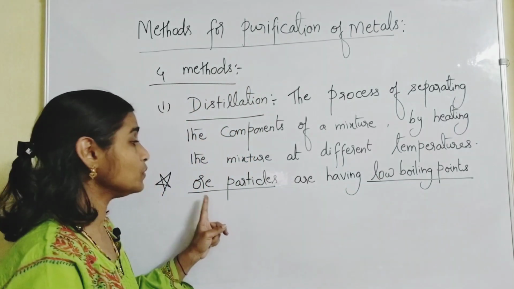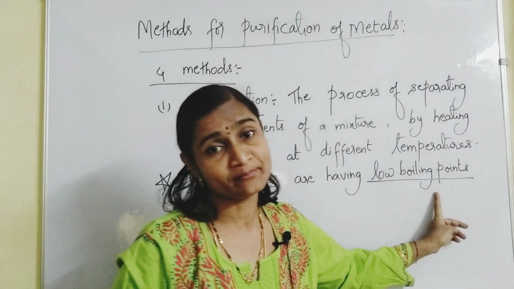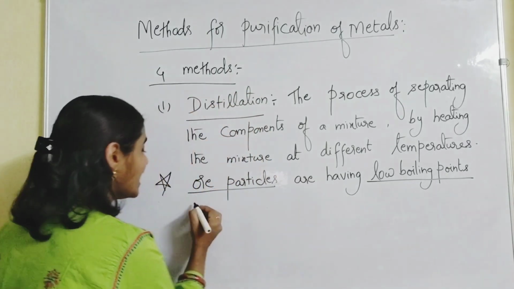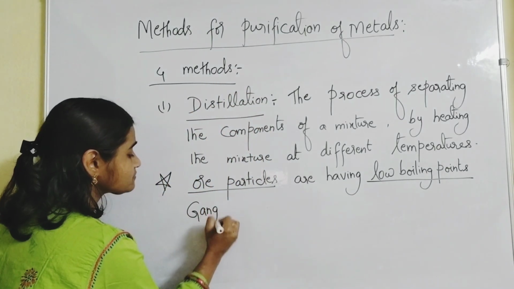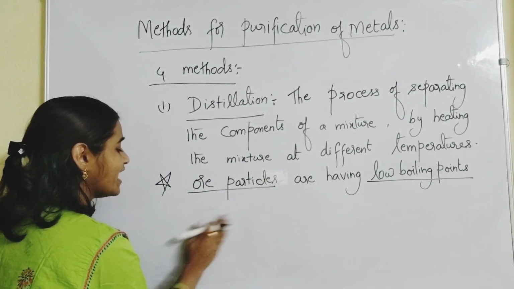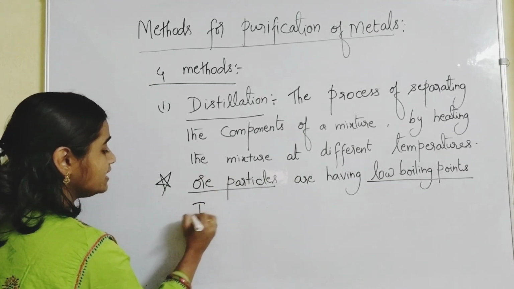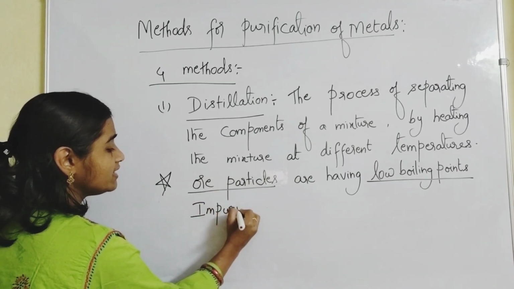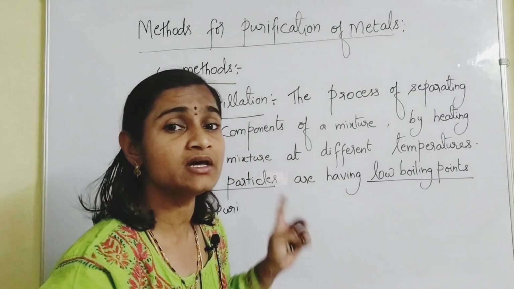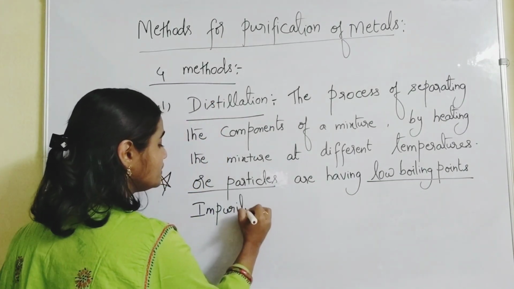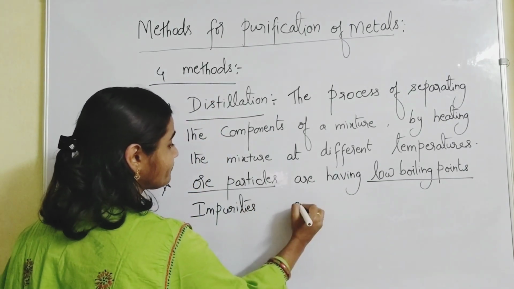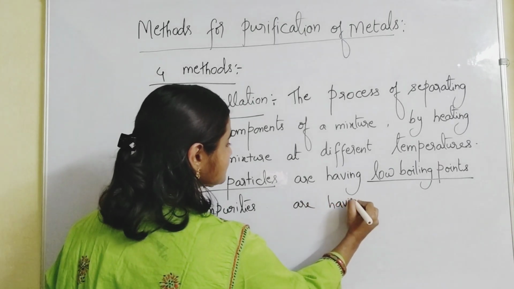Here ore particles are having low boiling points, and instead of gangue, I say impurities. Impurities means dissolved impurities. Impurities are having high boiling points.